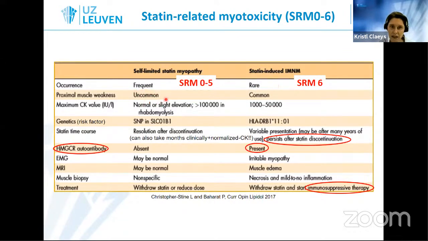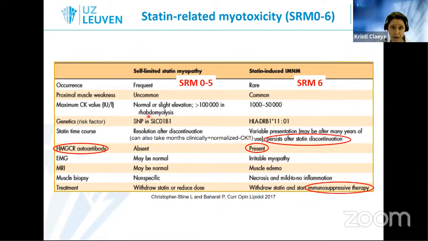Proximal muscle weakness is uncommon in the self-limiting forms, but is very common in the immune-mediated form. The maximum CK value in the self-limiting forms is normal to a slight elevation. Of course, in SRM5, where there is rhabdomyolysis, the CK value can be high. And we know that in the autoimmune form, it will be several thousand, between 1,000 and sometimes 50,000. There are some genetic risk factors for both.